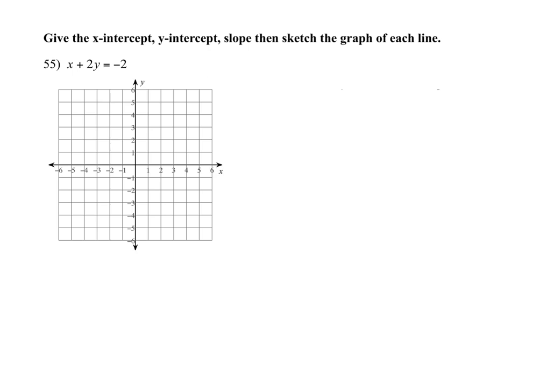So it wants x and y intercepts, and then it wants us to graph. X-intercept is when your y is 0, so if it's in standard form, this is A, this is B, this is C, it ends up being C over A. Y is your constant over your y coefficient, and your slope is always going to be your -A over your B. All right?